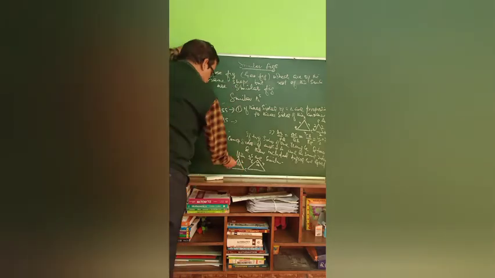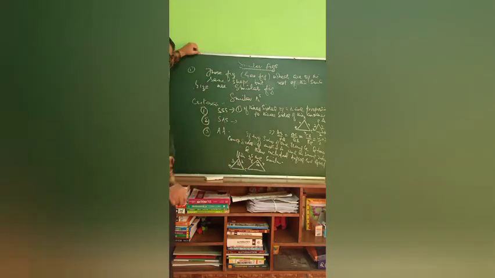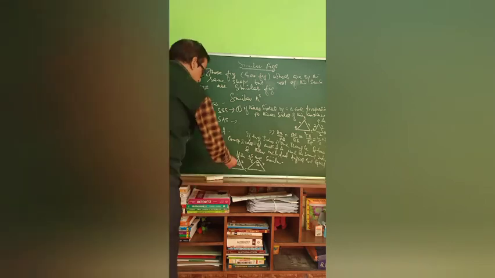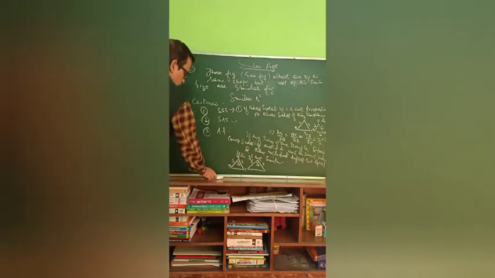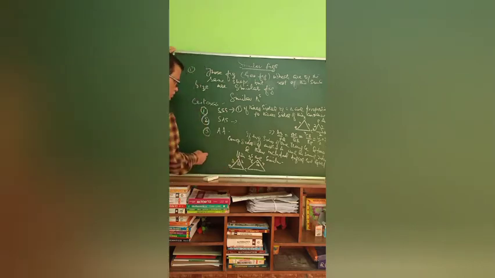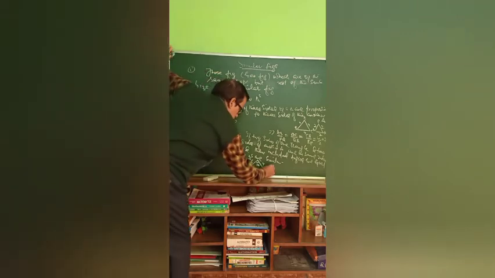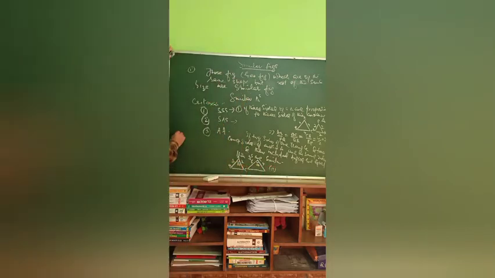So the ratio of this by this is 1 by 2, and this upon this side is also 1 by 2 in this triangle. So in the second pair of triangles, triangle ABC is similar to triangle PQR.